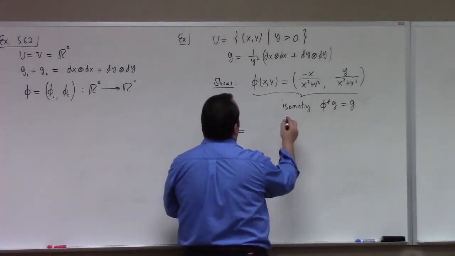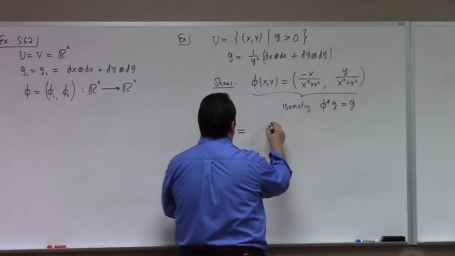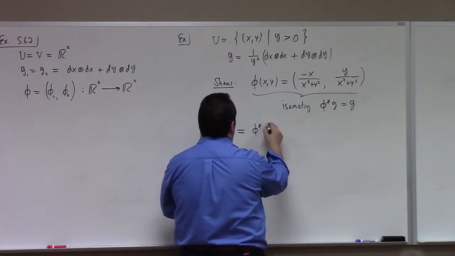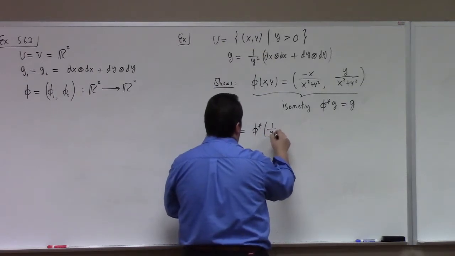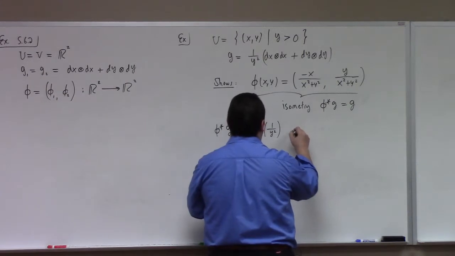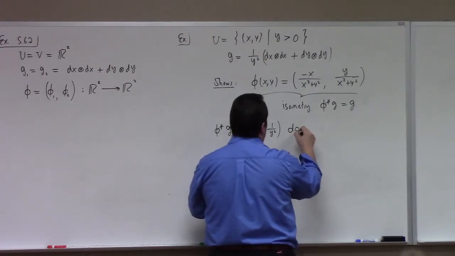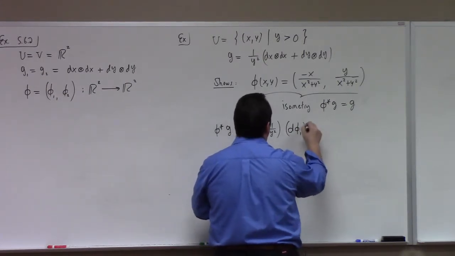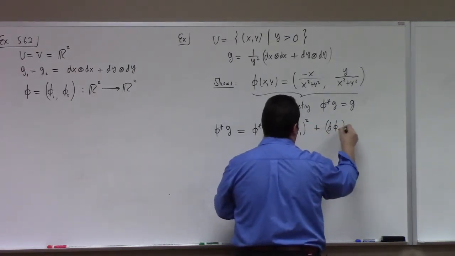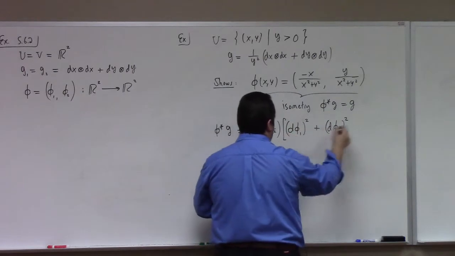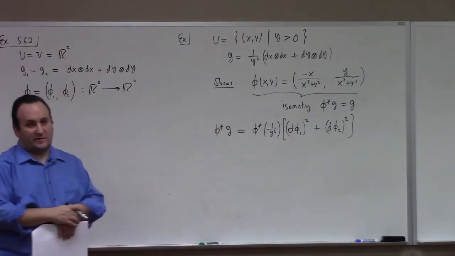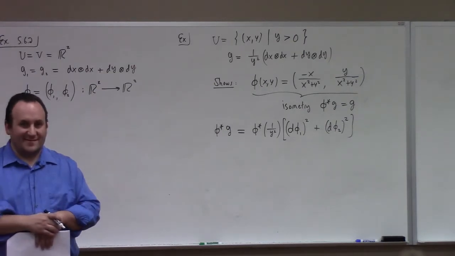So if you'll allow me this slight abuse of notation, it's really d phi 1 squared plus d phi 2 squared. Now this is a physicist notation, but by that square, I mean the tensor product of d phi 1 with itself and d phi 2 with itself.